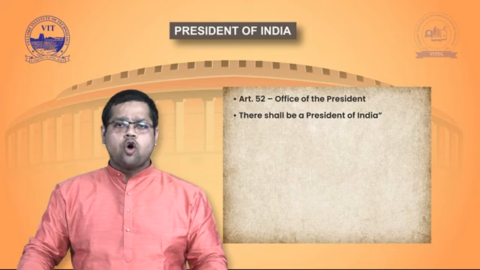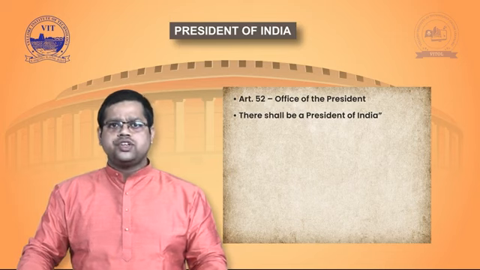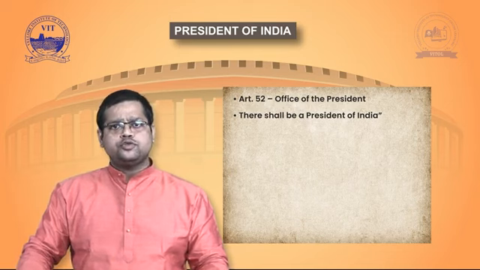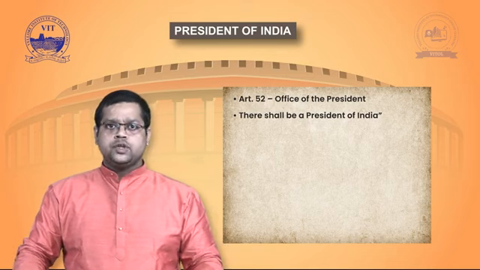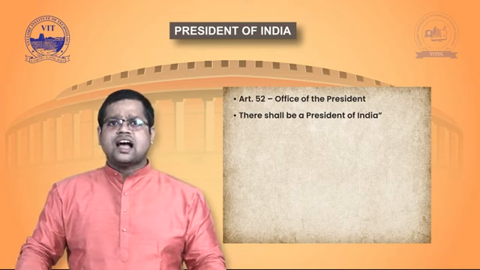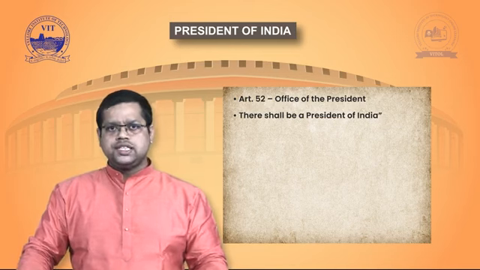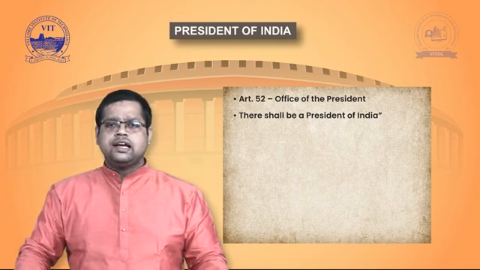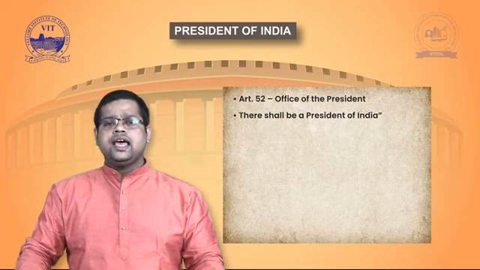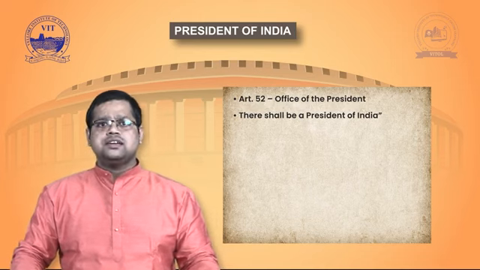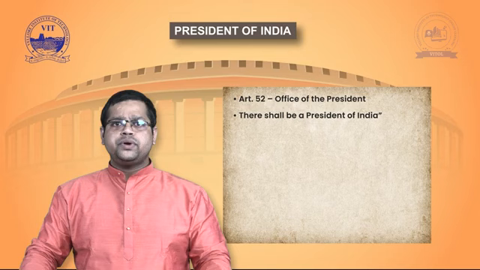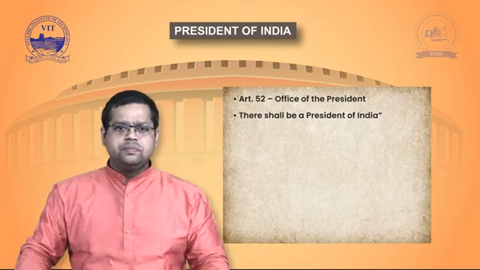It means that in all circumstances, all situations, the office of the president must necessarily be filled. So if a person is unable to discharge his duties as the president due to death, resignation or any other reason, there will be a person who will serve as a stand-in. The person is referred to as acting president.